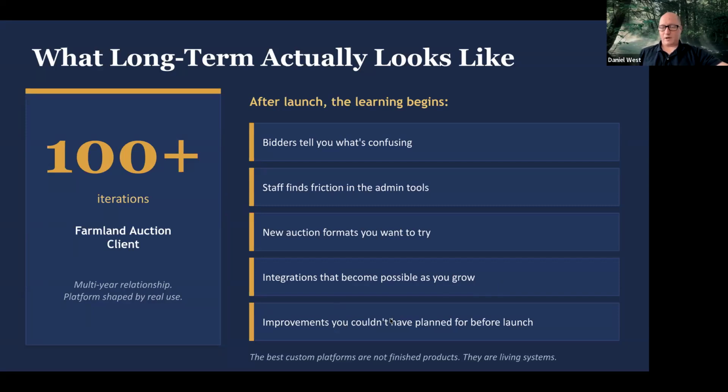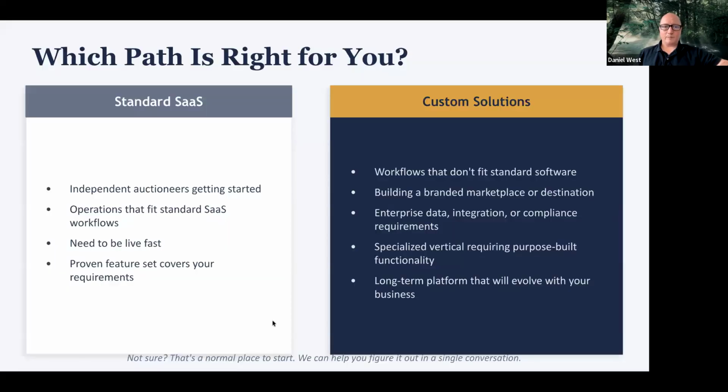And of course, there are all kinds of improvements, like our farmland auction client here discovered, that you couldn't have even thought about until you launched. So that's what it looks like in the long term. Ultimately, the question is, should you use a standard software service like our SaaS solution, which is quite affordable, by the way? I just want to point out, to be as transparent as possible, that one of the big differences here is the price point.